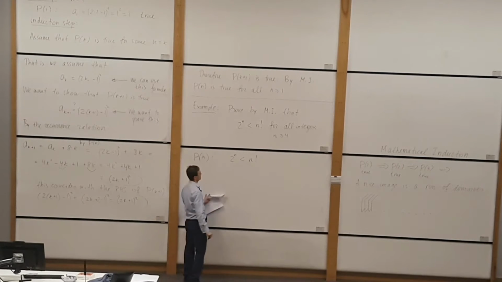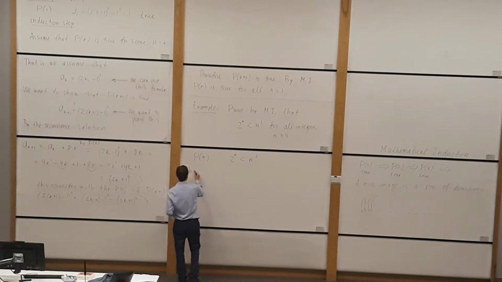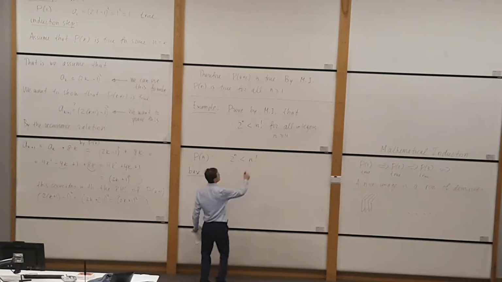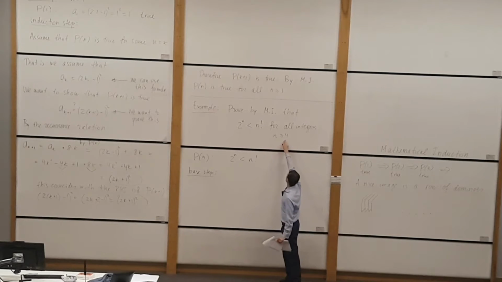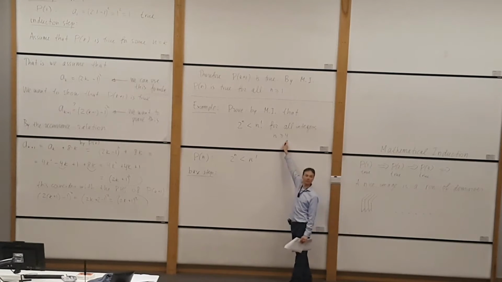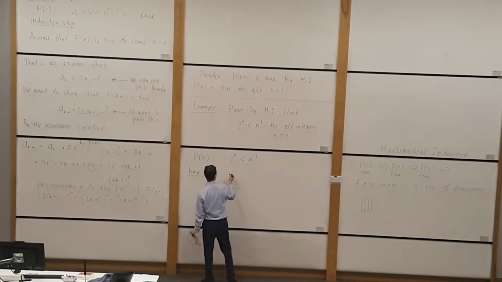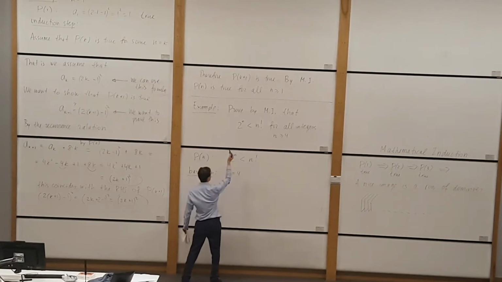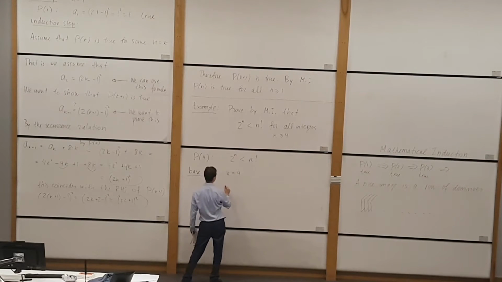It's an inequality now. And I start with the base step. Now the statement is supposed to be true for n greater or equal than 4. So the smallest value of n for which it is supposed to be true is 4. So I check that it's true for n equals 4. I substitute into my inequality n equals 4.